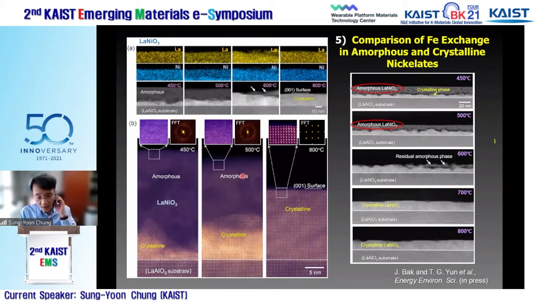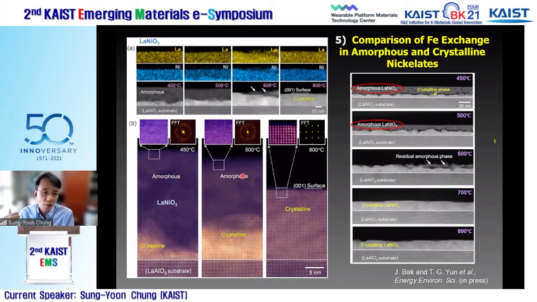This is the last example, about the crystal structure. Basically our sample is a crystalline material, but if the sample is amorphous, such a distortion is not always beneficial, because in the amorphous state there is no specific crystal structure.